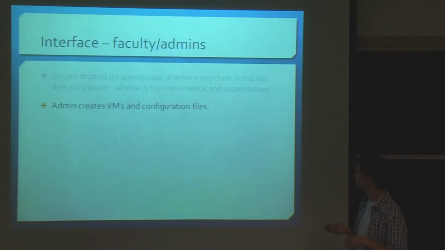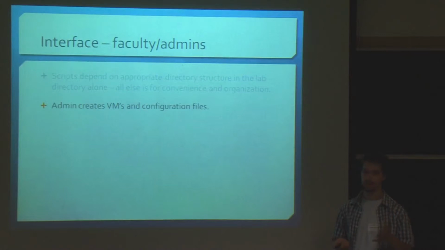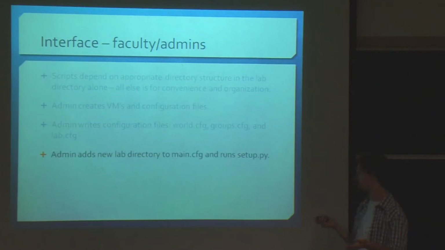So for the admins, they can create the configuration files as well as the virtual machines. You can use any standard tool. This is probably a little bit too far into the specifics, but debootstrap, virt-install, whatever. They're pretty easy to use. So you can create those and then write the 3 config files, which, as I showed you, are pretty simple.